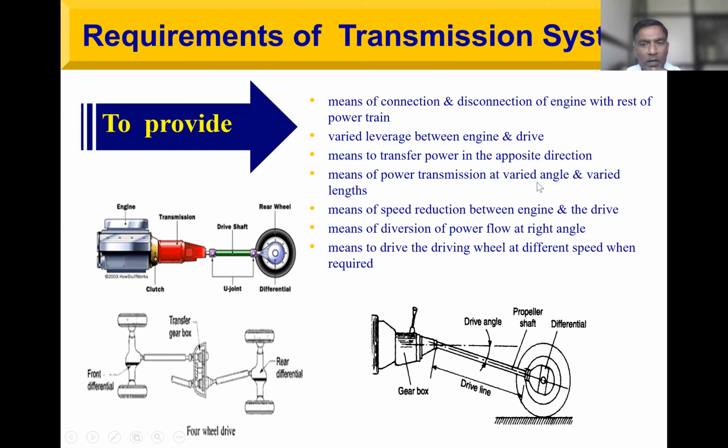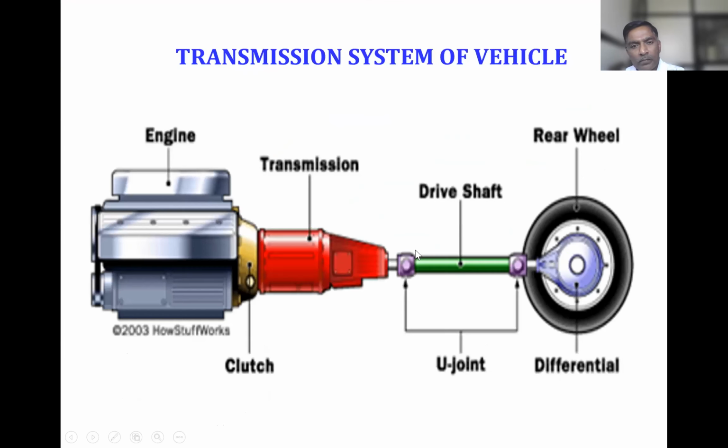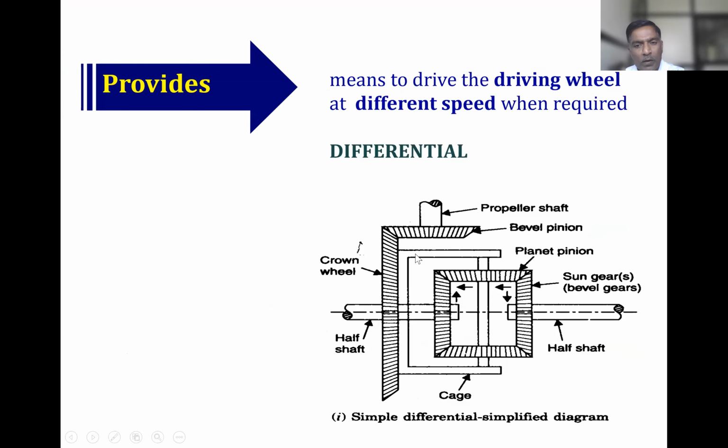Means of power transmission at varied angle and varied length, propeller shaft, universal joint and slip joint is required. Then means of speed reduction between engine and the drive, so final drive is required. Means of diversion of power flow at right angles, final drive is required. And finally, means to drive the driving wheels at different speed when required, differential is required.